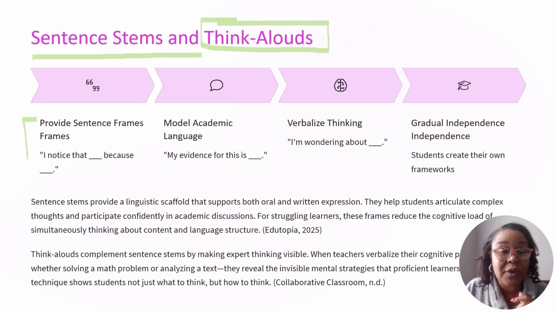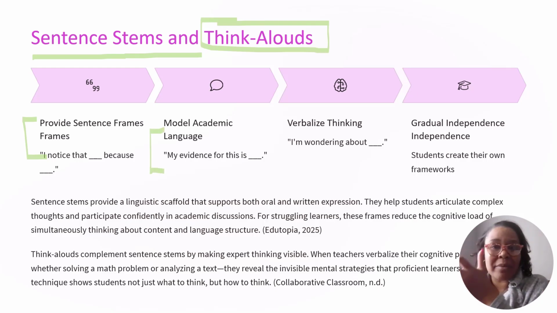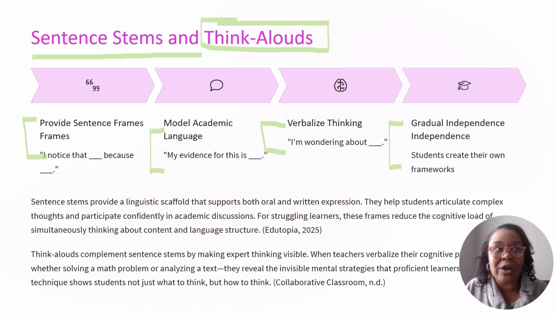So what are your sentence frames that you're putting on the board, or talking stick conversations that you have? How are you modeling the academic language that needs to be used in these type of seminars, right? And then what is the verbal thinking that needs to happen? And then that gradual release to where now not only are you thinking out loud, students are thinking out loud and processing it in group circles, during independent work time, or even during a conversation fishbowl that they're having in the classroom.